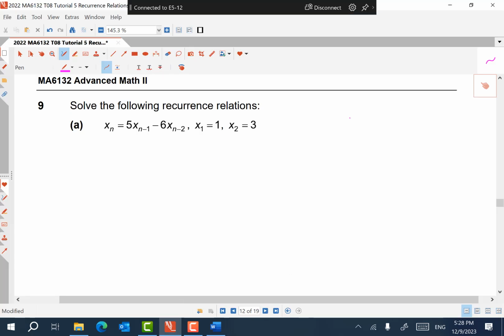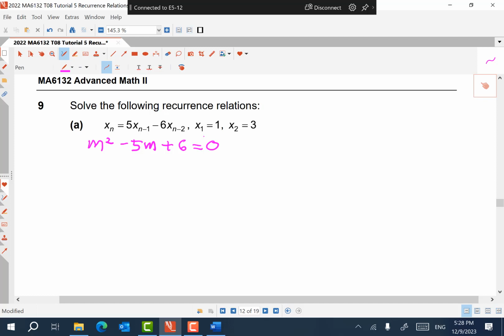Okay, so for this number 9a, we want to follow the steps, and the first thing I'll do is write down this equation. The book gives a name to such an equation, you know. The book calls it the auxiliary equation. Some people call it the complementary equation, or complementary auxiliary equation.